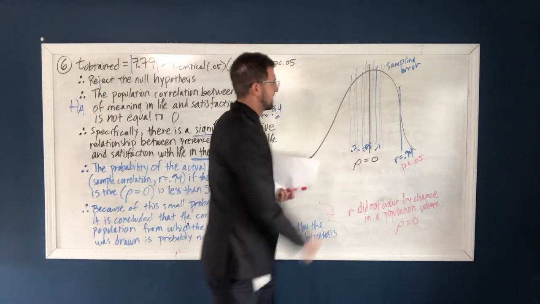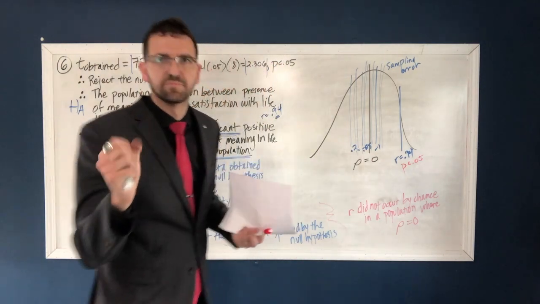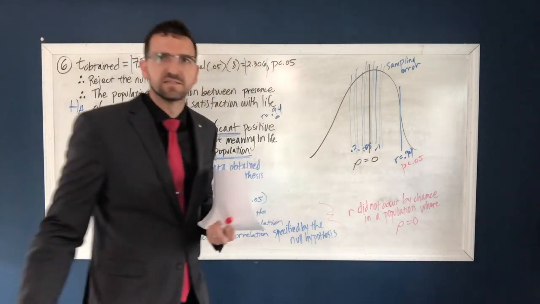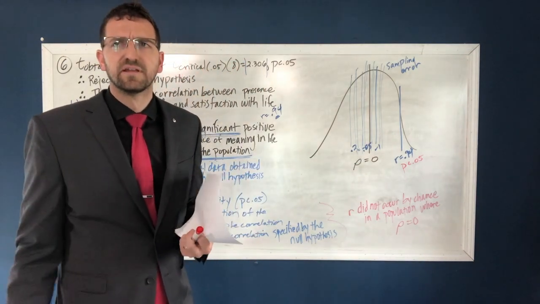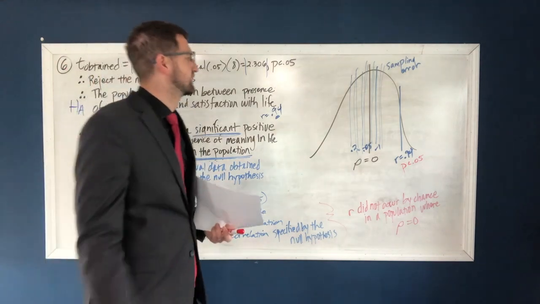So the probability of getting these sample values that are clustering pretty close to the population value is P greater than 0.05, greater than 5%, which we would consider a large probability.